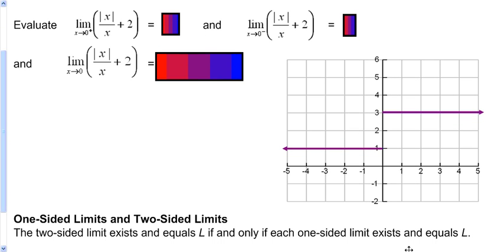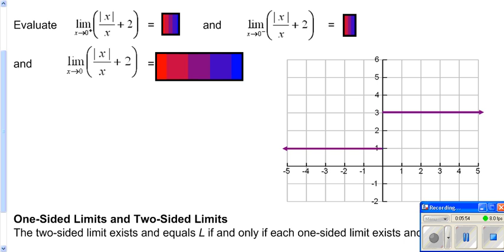So here we have an example of some limits. We're wondering about our limits as x approaches 0. We have the absolute value of x over x, plus 2. If we look at the graph over here at numbers slightly larger than 0, that would be coming in from this way here, slightly larger than 0, and we're leveling out at a height of 3.